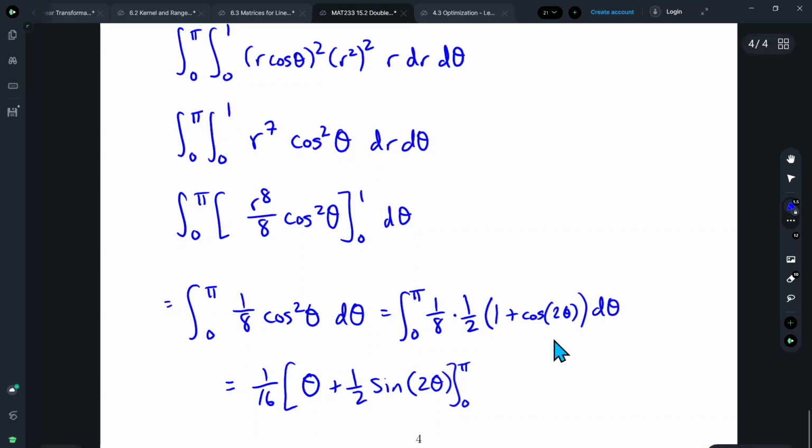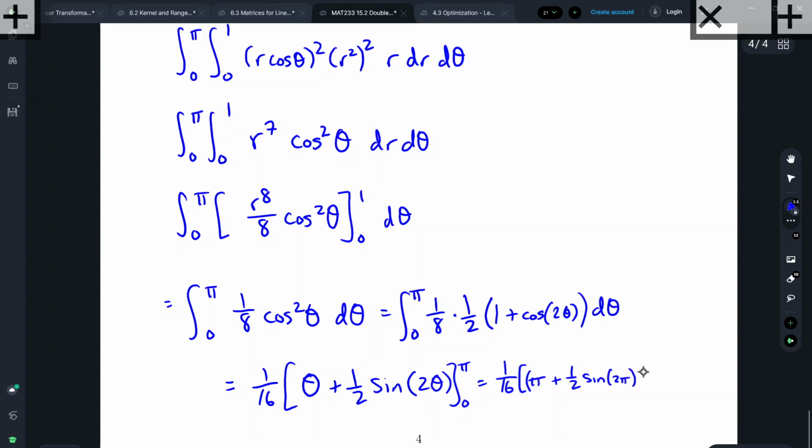Okay, so now I have to plug in the numbers, right? So what do I have? 1 over 16. I'm plugging in pi, so you get pi plus 1/2 sine of 2 pi, and then minus 0 plus 1/2 sine of 0.